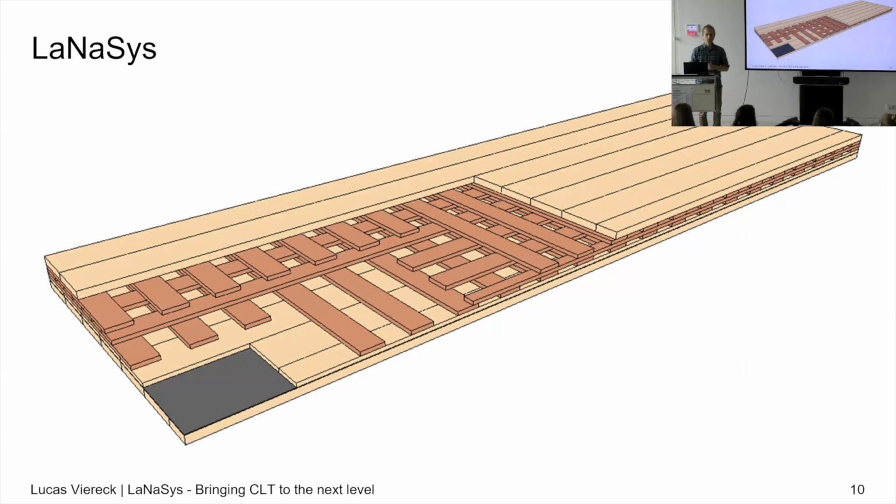So far, we have a product that can substitute CLT, where we can save material and maybe already have better performance. But we wanted more. To truly change the future of timber construction, we need to have new applications for our timber products. And one of the ideas was to develop biaxially spanning floors so that we can substitute more floors made out of concrete.